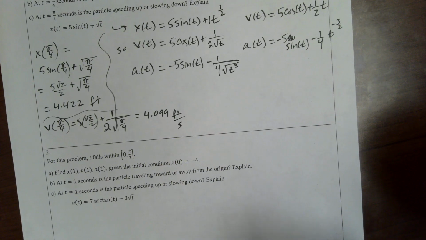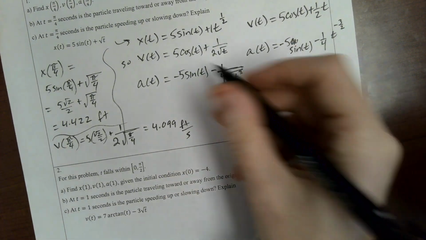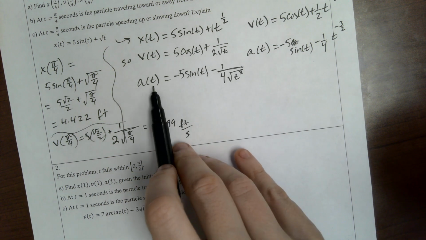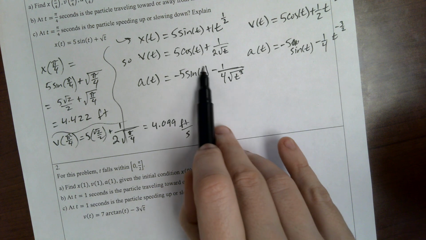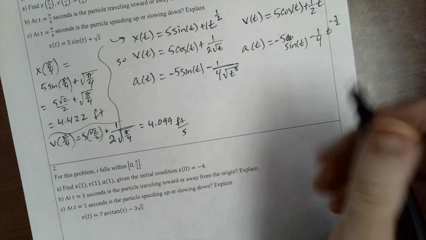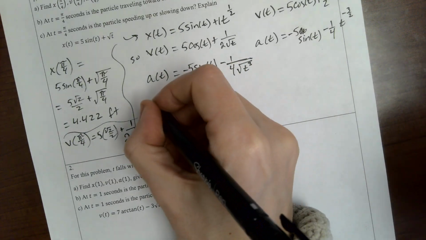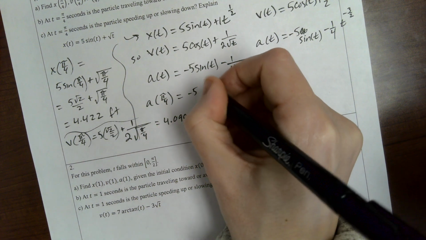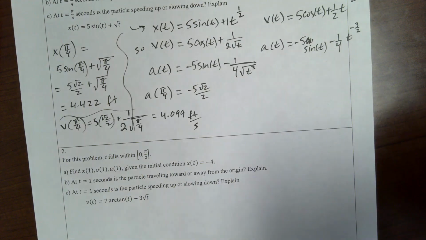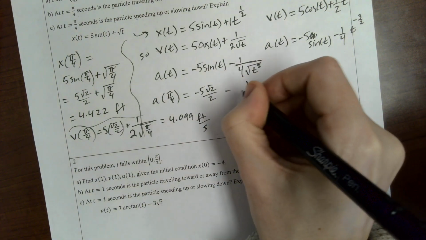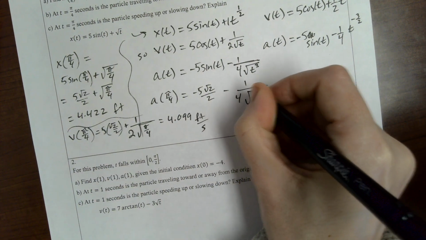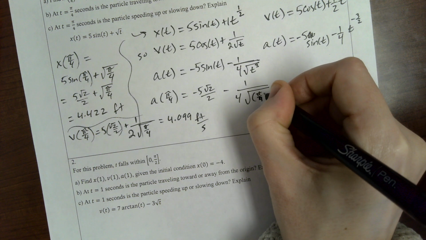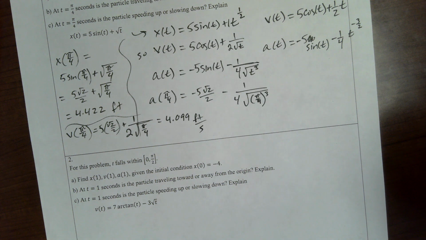I'll stop after this. And then acceleration, I got to plug in pi over 4. When I plug pi over 4 in here, guys, again for sine, I'm getting radical 2 over 2. So acceleration at pi over 4 equals negative 5 radical 2 over 2 minus 1 over 4 square root of pi over 4 to the third.